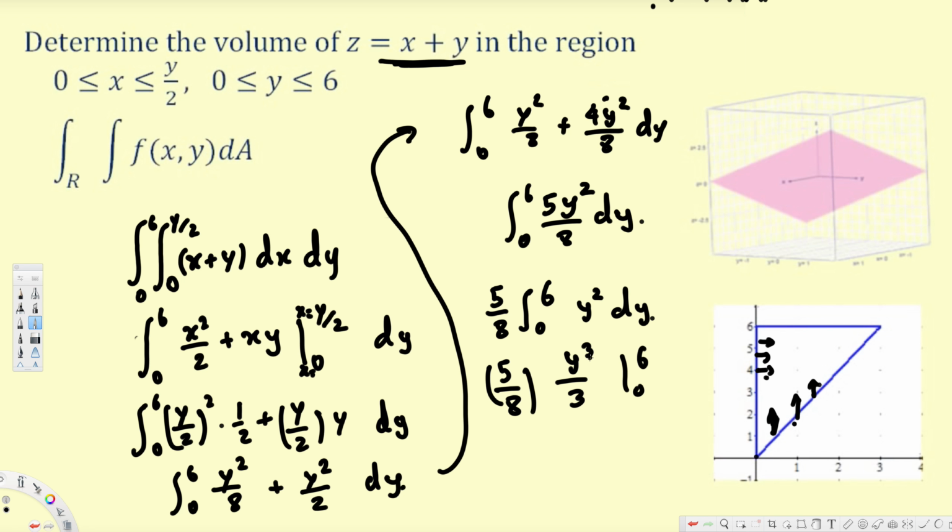Okay, let's keep it as 6 power 3. 5 over 8 times 6 power 3 divided by 3, and 8 times 3 is 24, and on the top we have 5 times 6 power 3. And if you simplify and calculate this one, if you plug this into a calculator, you will get 45 cubic units, and that's going to be the final answer.